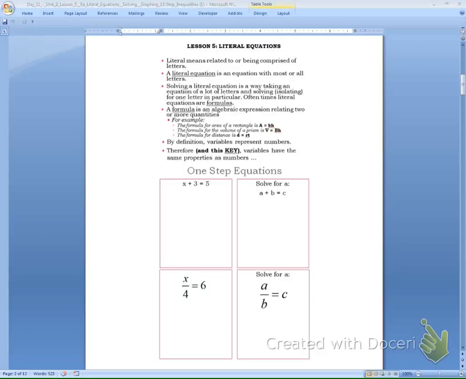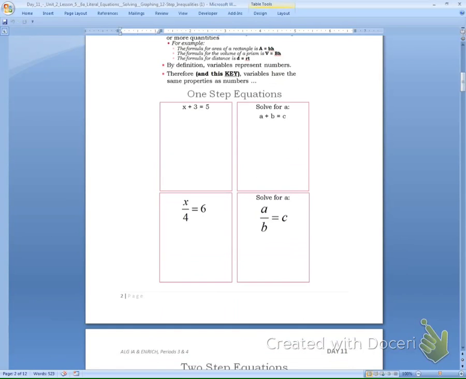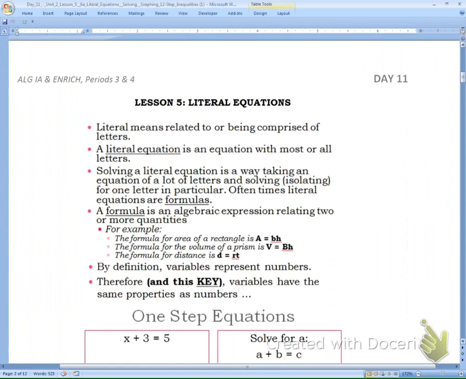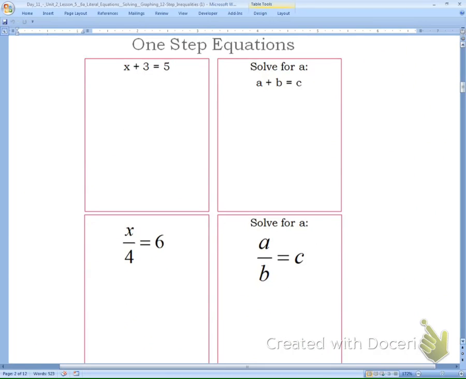Maybe I can expand it for you so that we get a close-up shot. Okay, if you remember when you were solving one-step equations, here we have our variable term.